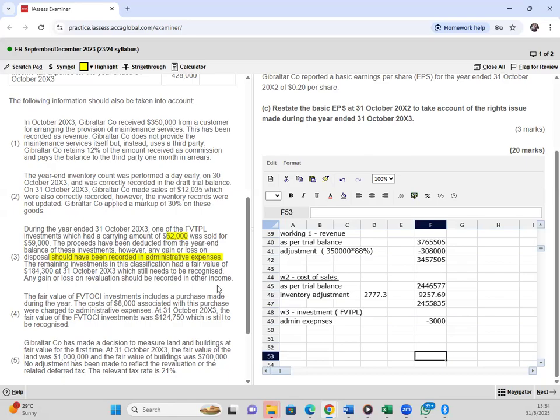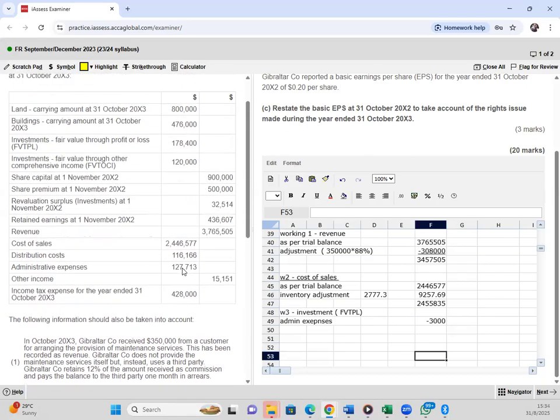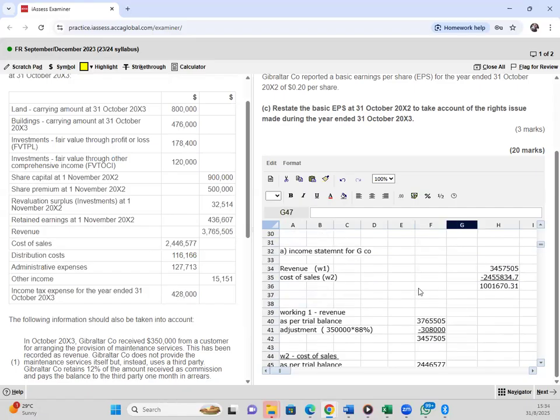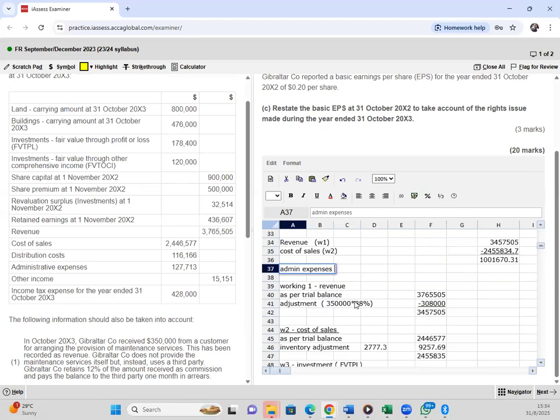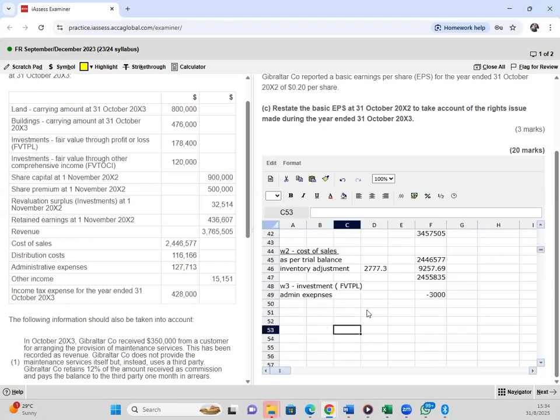So let me just check the expenses here. From the cost of sales, we now move to the expenses. So our expenses, we can start with the admin expenses. So our admin expenses, so far we have the balance in the trial balance.